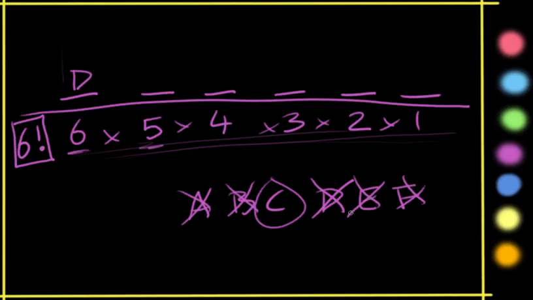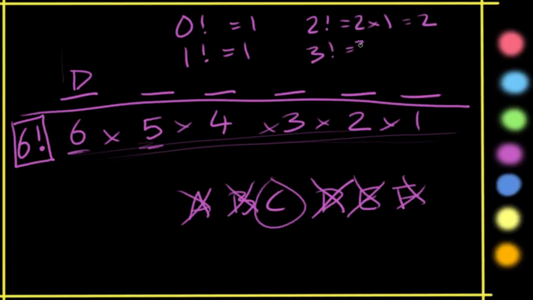6 factorial just means 6 times 5 times 4 times 3 times 2 times 1. And it's good to memorize probably all the factorials up to 7 for MathCounts. So for example, 0 factorial is 1. That's a little weird to think about because you're not multiplying any numbers together when you do 0 factorial. 1 factorial is just 1, times nothing, so it's just 1. And then 2 factorial is 2 times 1, which is 2. 3 factorial is 3 times 2 times 1, which is 6.